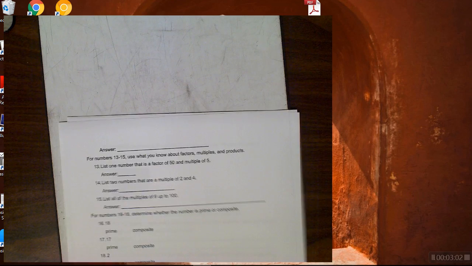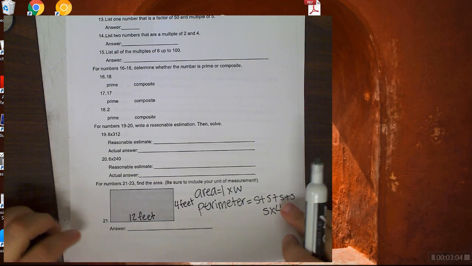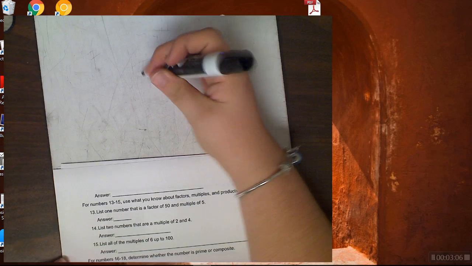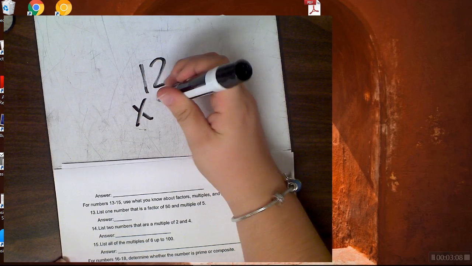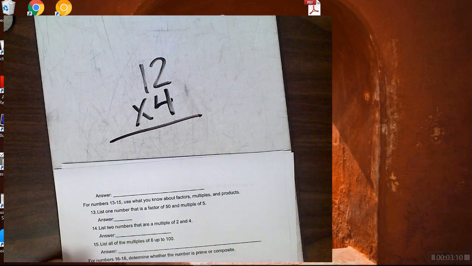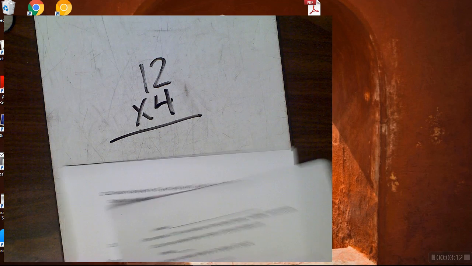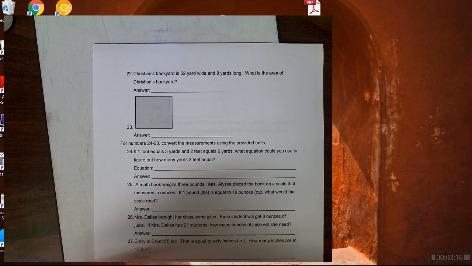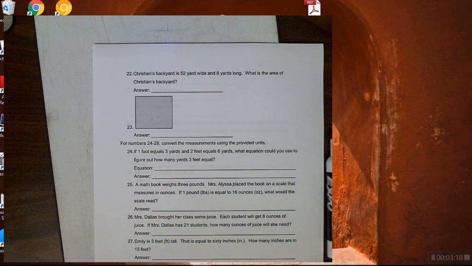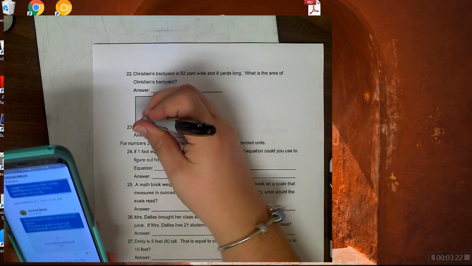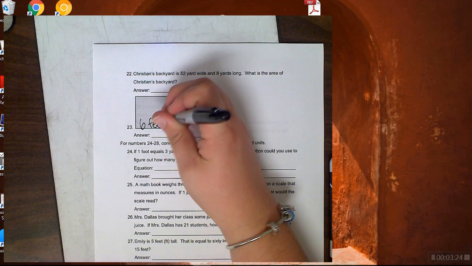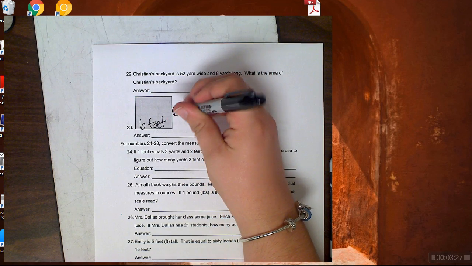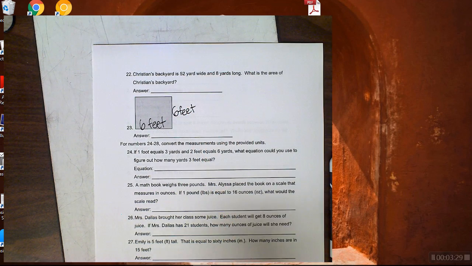So to find the area for one like number 21 here, all they need to do is 12 times 4. Solve that, and they've got the area. The same is true for number 23. The measurements on that are 6 feet long times 6 feet wide.